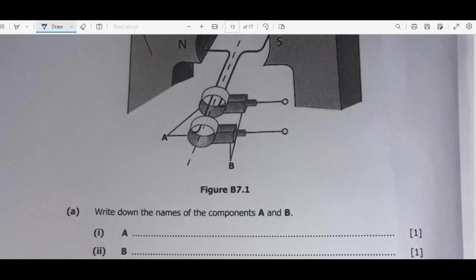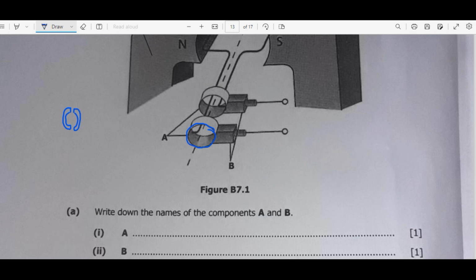So let's look at our A. Let me see if I can help you remember the difference between the AC and the DC. You may find one may have rings with some gaps, but for this one we can see that it's just a continuous one. There are no gaps here.